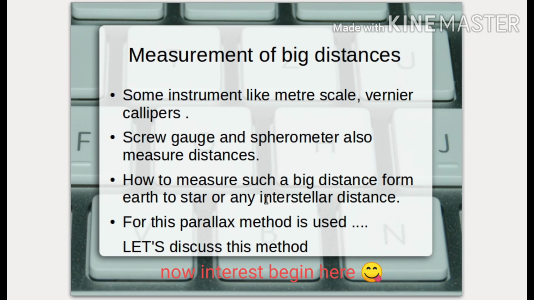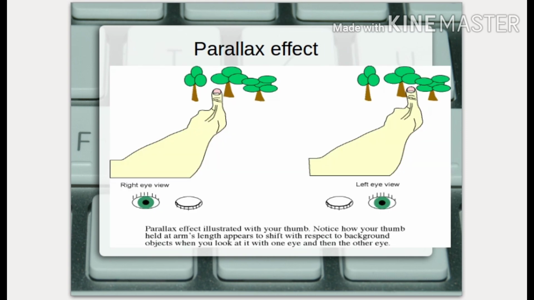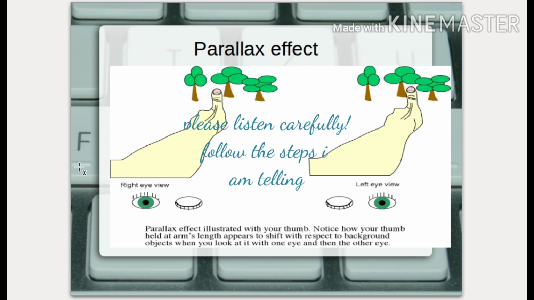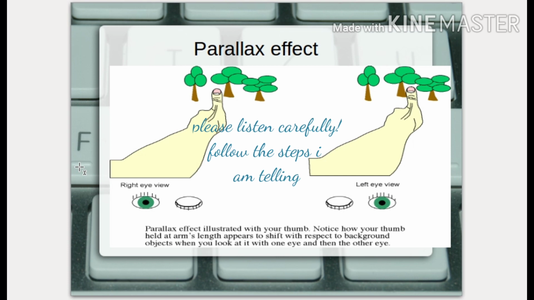This is the problem. So for this, a popular method is used. That method is known as the parallax method. So let us discuss what this is. For this method you have to, first of all, stretch your hand like that.